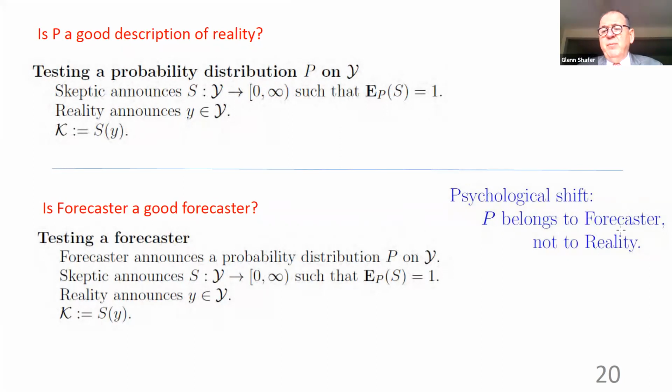Now, if P is a probability distribution given by quantum mechanics, say, or some other well-known theory, then all the forecaster is doing is saying, I believe this theory, I adopt this theory as my probabilities. So I am forecasting, I am playing the role of quantum mechanics. In that case, we think of quantum mechanics as part of nature.